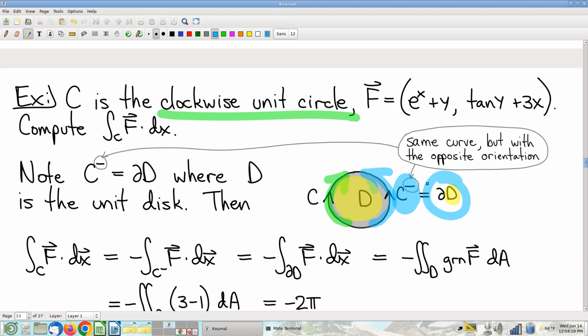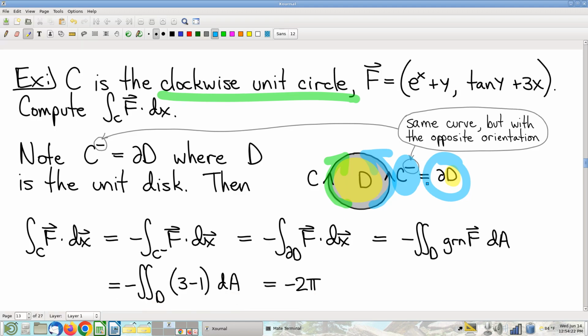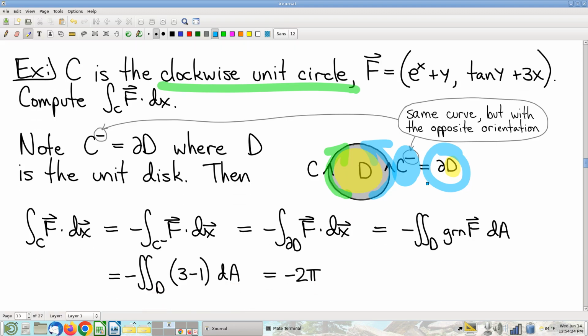Everybody on board? So there's a two-step process that I can do to make this fit into Green's theorem. First step is to recognize that my curve is just with an opposite orientation, right?